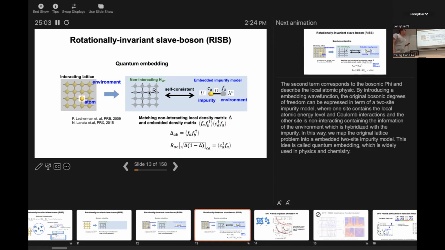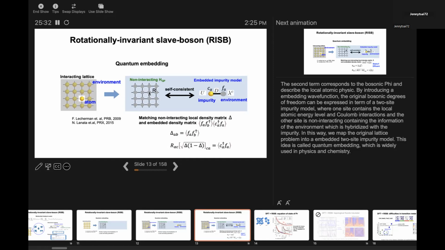But in your formulation, this rotationally invariant Slave-Boson approach, does U appear or not? Yes, it will appear in the Lagrangian, living in this impurity space. So basically, our Lagrangian will have a space that corresponds to the quasi-particle space, and another space corresponding to the boson degrees of freedom that is described by this impurity model.